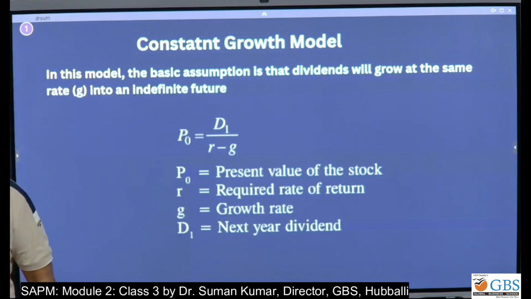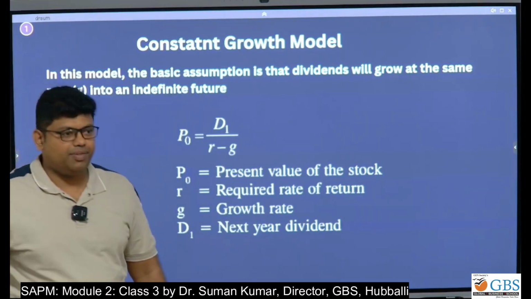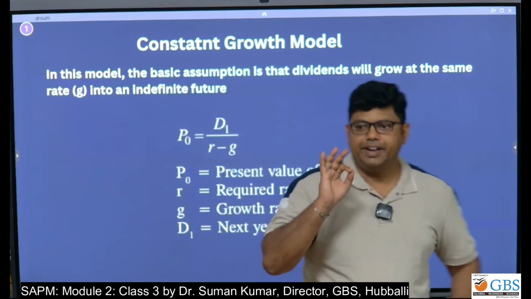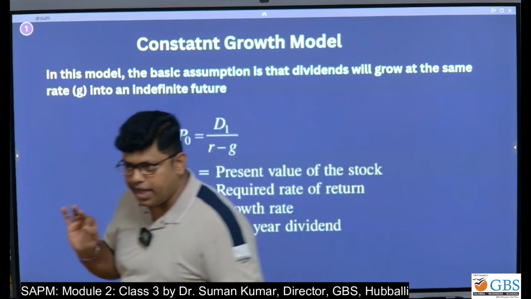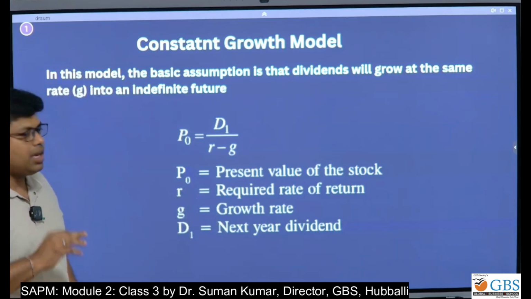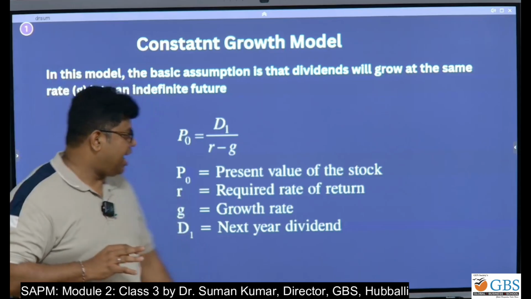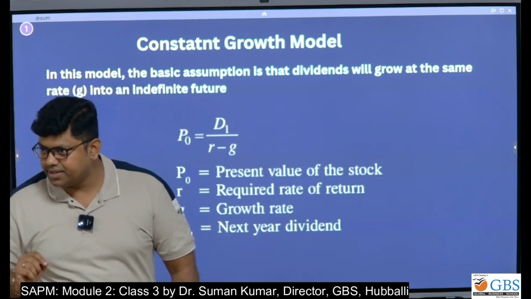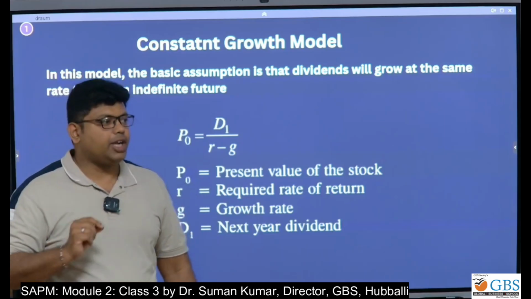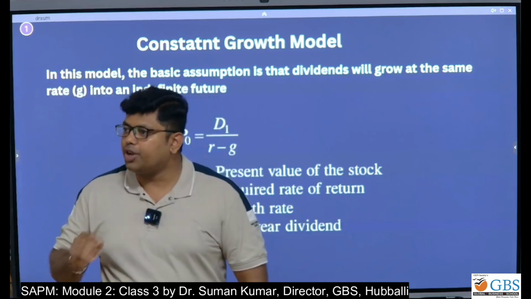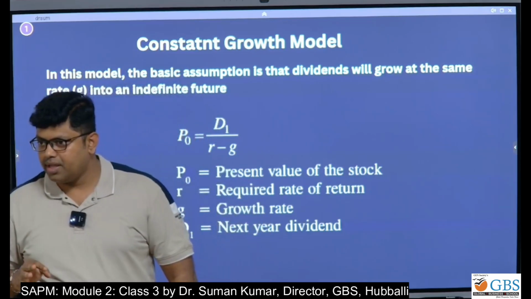P naught means present value. See, in all the models, what are we finding? We are finding the intrinsic value, also called the present value. So P naught stands for present value, D1 is the dividend, divided by R, the required rate of return. As I told you before, required rate of return depends on the individual.